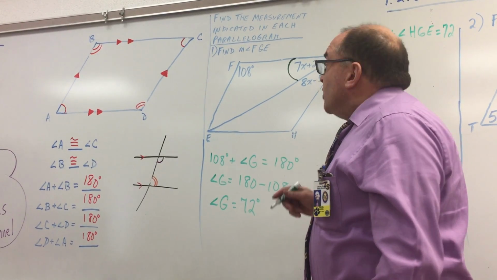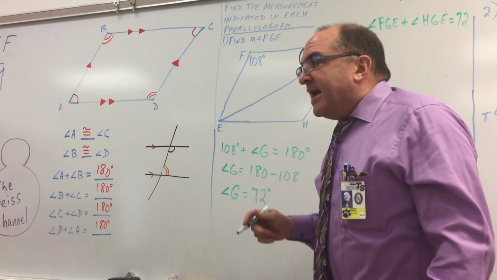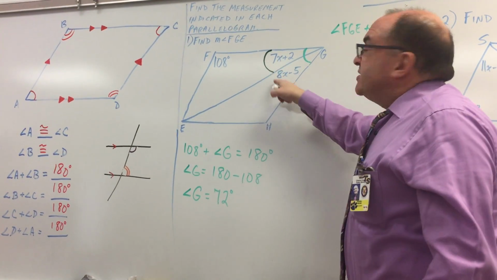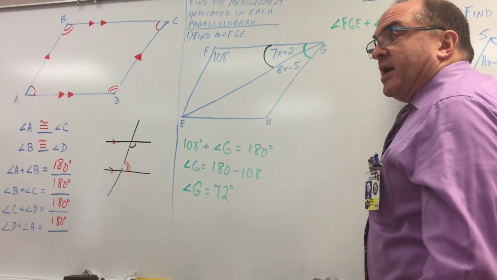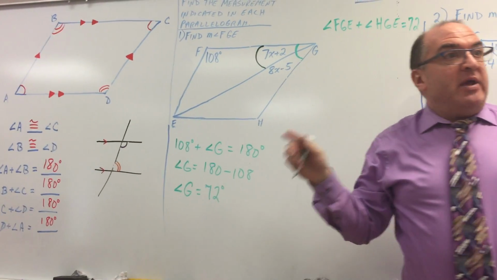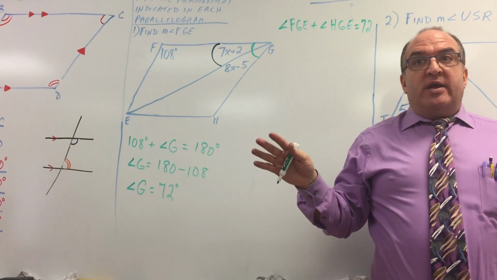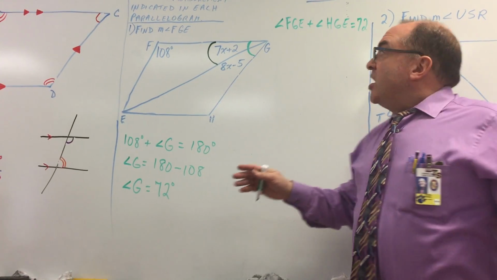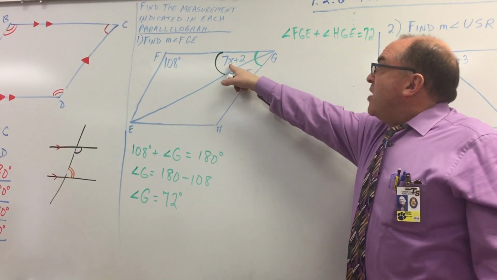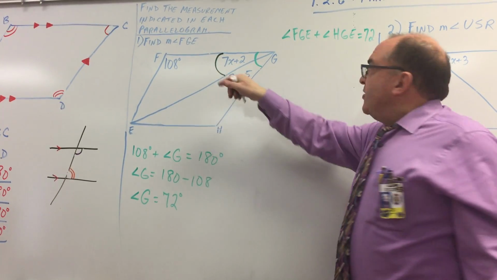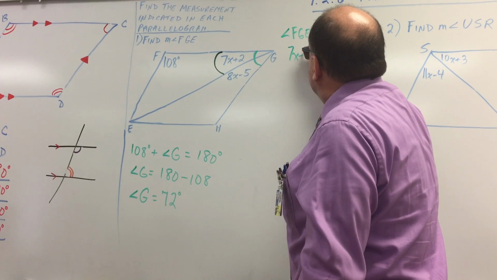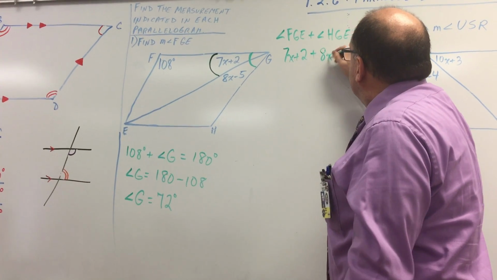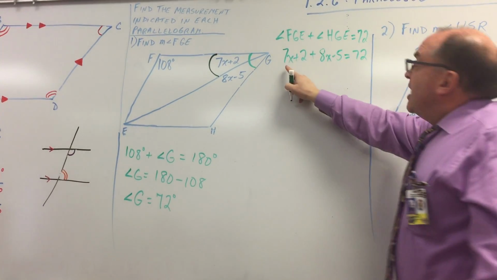How are we going to find the x's? That's a fantastic question. I'm so glad you asked. Do you agree that these two angles added together add up to 72? Is everyone okay with that? That's a huge part of what we're doing now. If you can understand that, you're golden. You're set. Because instead of saying FGE, I'm going to say 7x plus 2. So 7x plus 2 plus 8x minus 5 equals 72.